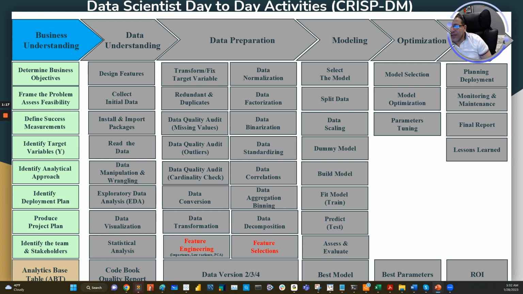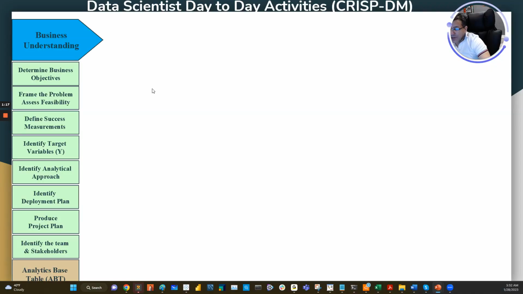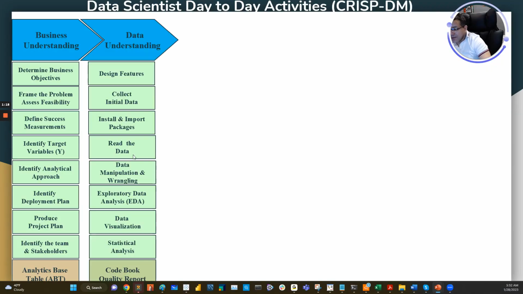A quality book is simply a document where you have everything you discovered on your data from the technical standpoint.